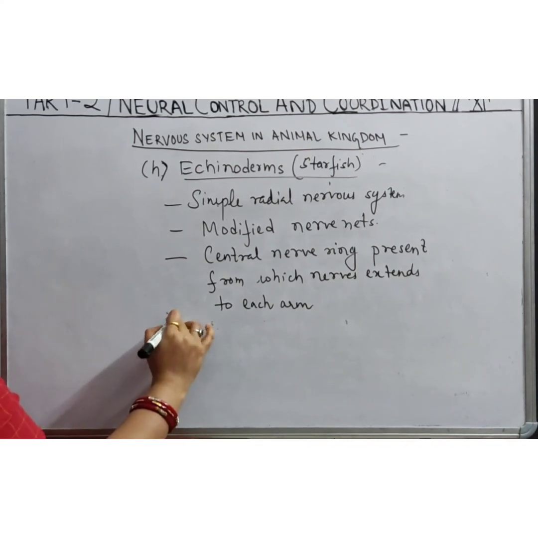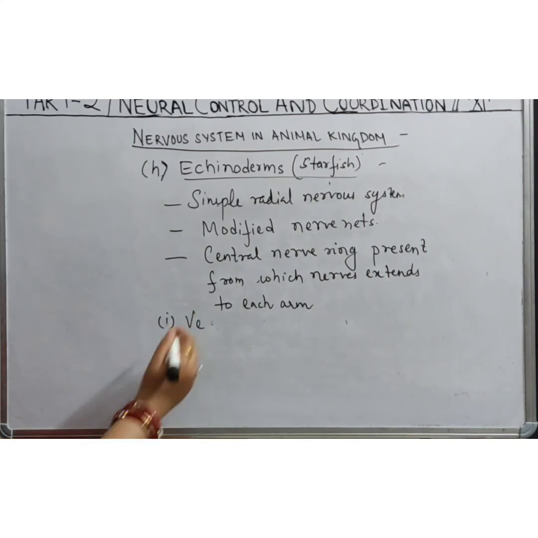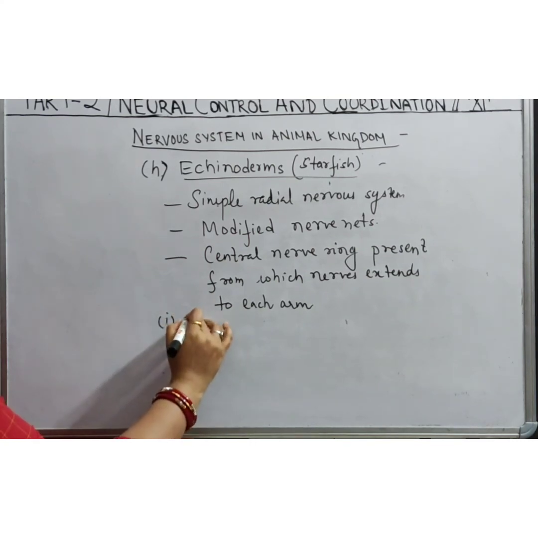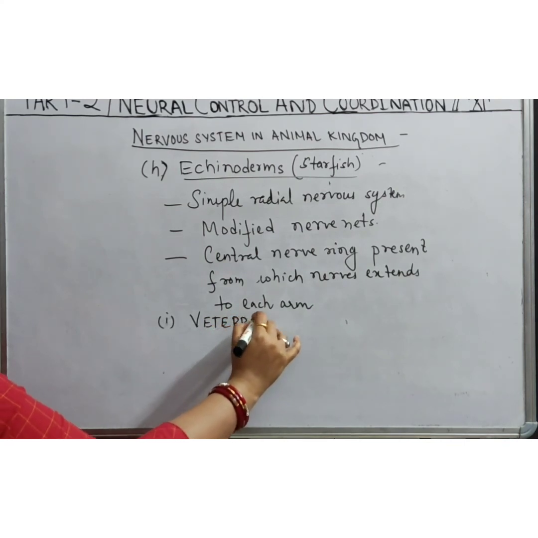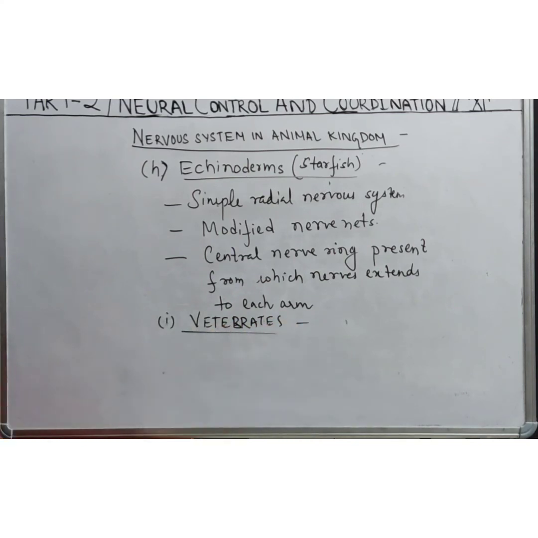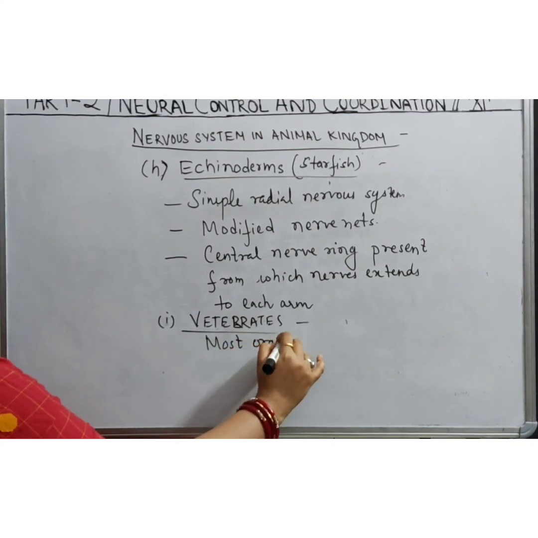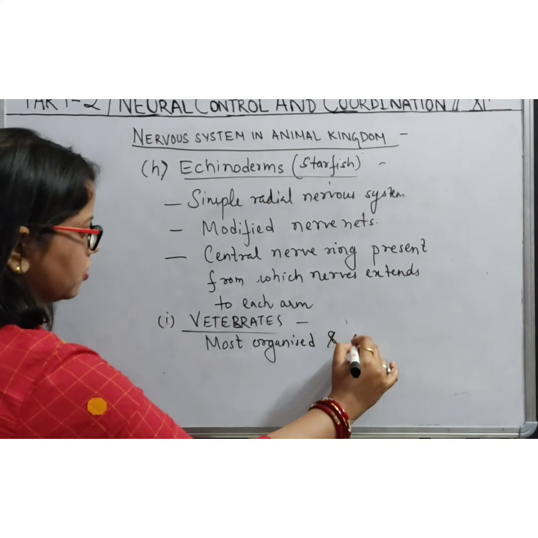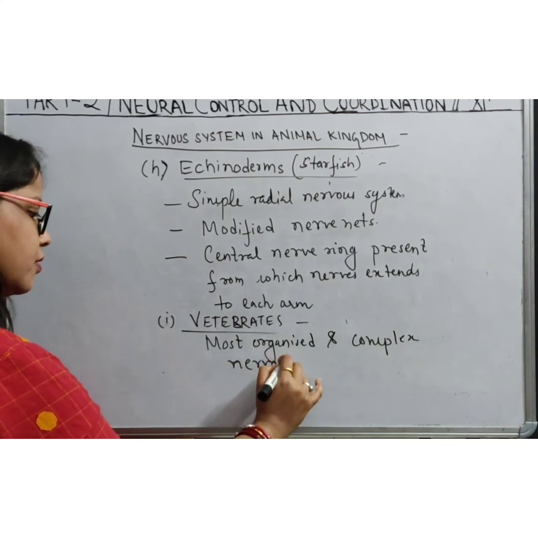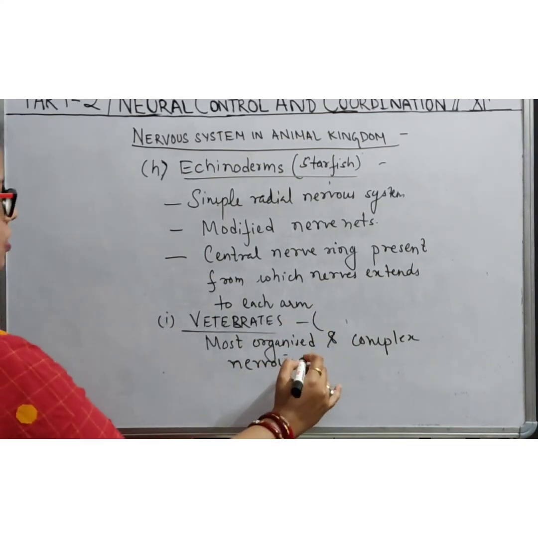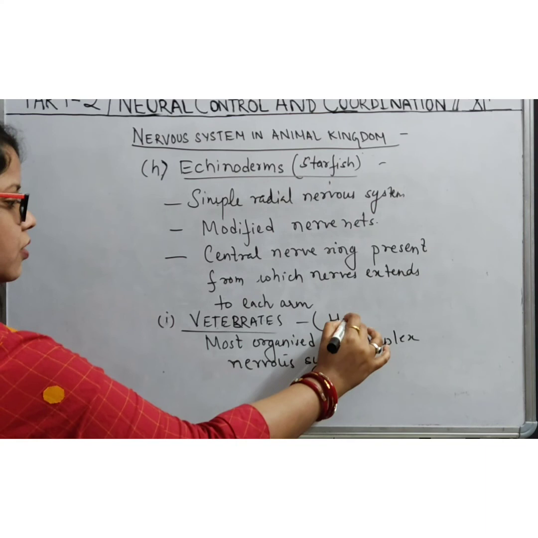The next one is the last, most complex one, the vertebrata, or vertebrates. They have the most organized and complex nervous system, the most complex nervous system an organism has, that of humans.